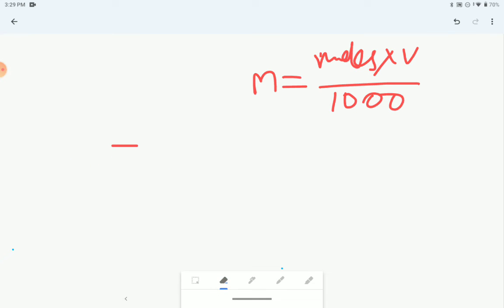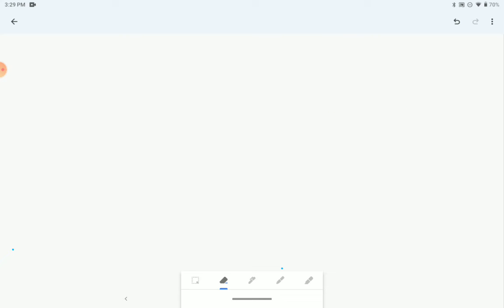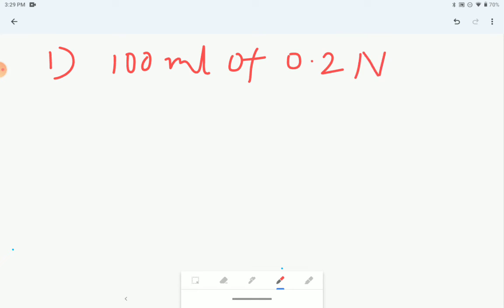So now we should find out which amount of HCl is required to combine with this liberated NH3. The first option was 100 ml of 0.2 N HCl.